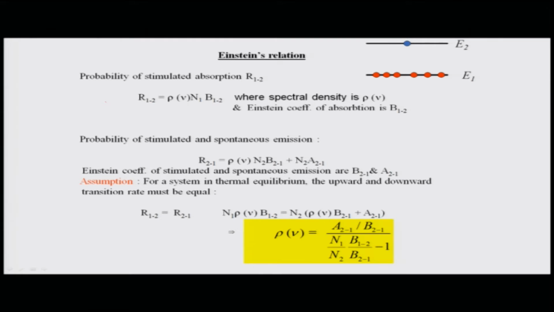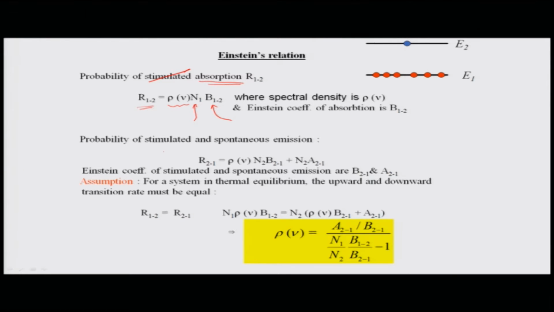For example, for the probability of absorption, with the number of lower energy states and the Einstein coefficient B12, the rate or probability of absorption can be related by the spectral density, and that is roughly the expression.